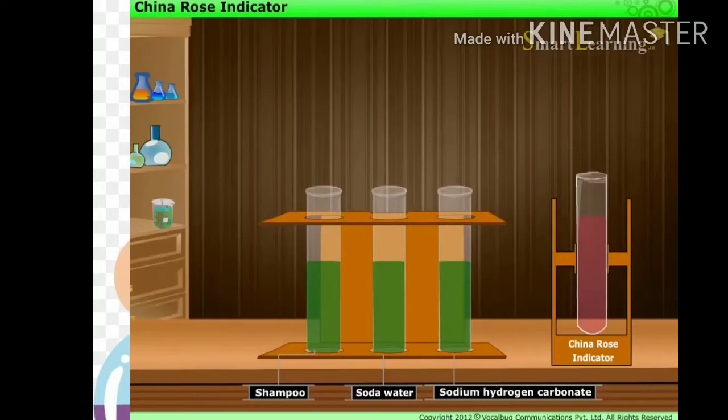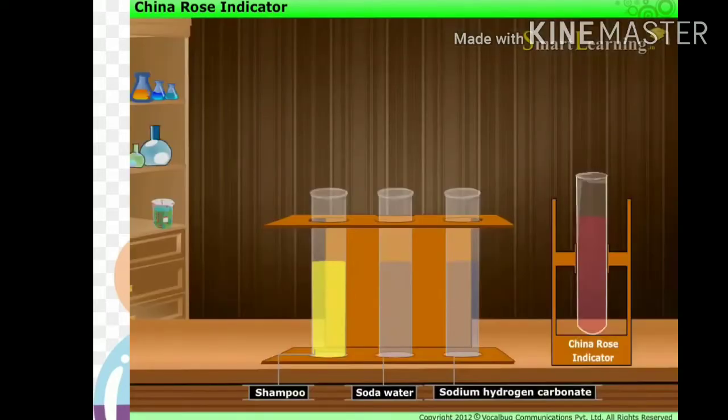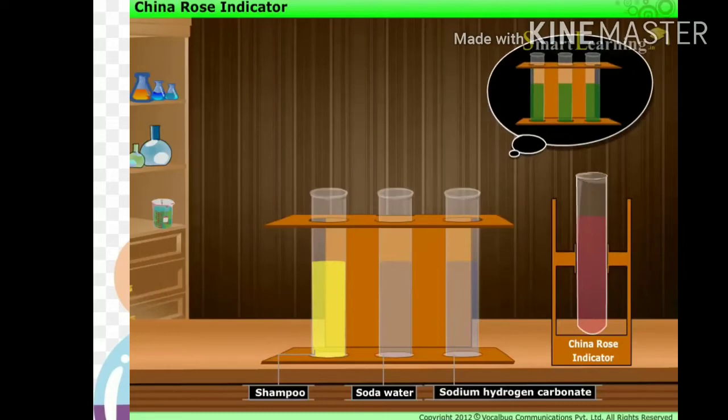You will notice that basic solutions, that is shampoo, soda water, and sodium hydrogen carbonate, turn green. Here, initial color of the shampoo was light yellow. However, soda water and sodium hydrogen carbonate were colorless. Later on, these changed to green color.